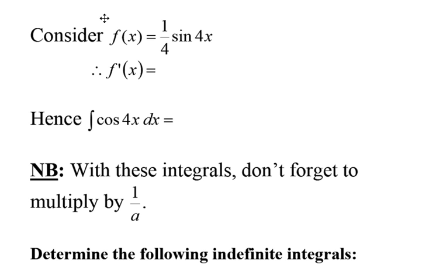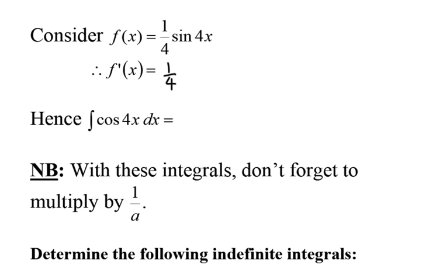Consider if I've got the function a quarter sine 4x, and now I want to differentiate that function. Now we know that we're going to have to use the chain rule because my outer function is sine of an angle and my inner function is 4x. That quarter just comes out. So when I differentiate, there's my quarter.